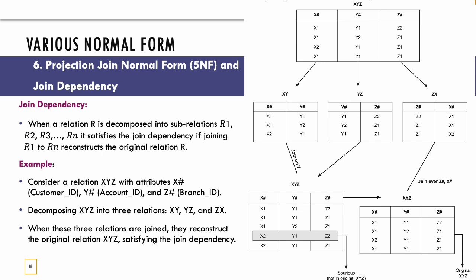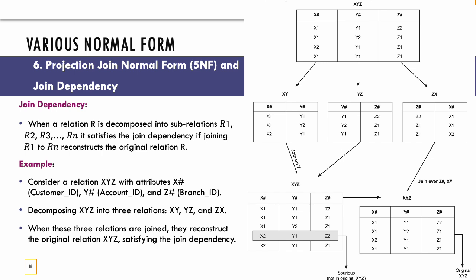All right, the last normal form for normalization is the projection join normal form, or we can also call it fifth normal form, and join dependency. Okay, before we go into the fifth normal form, I would like to explain the join dependency first.